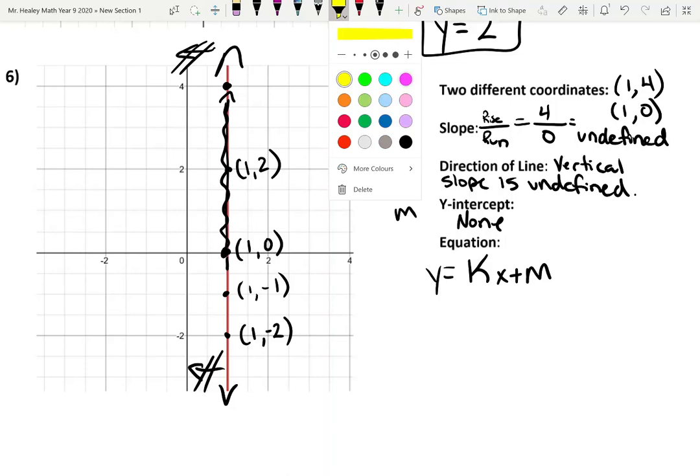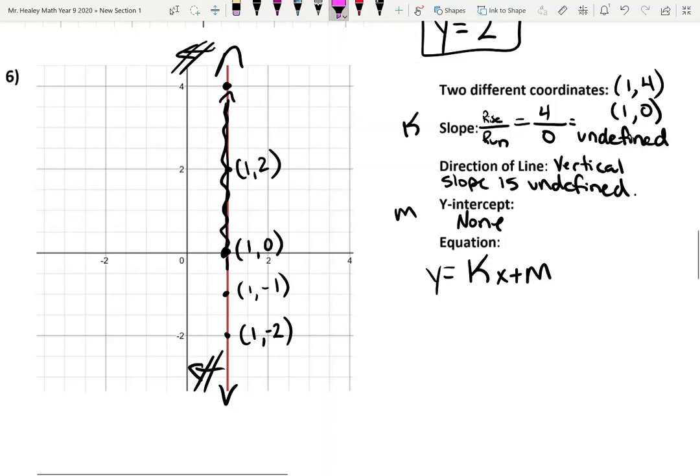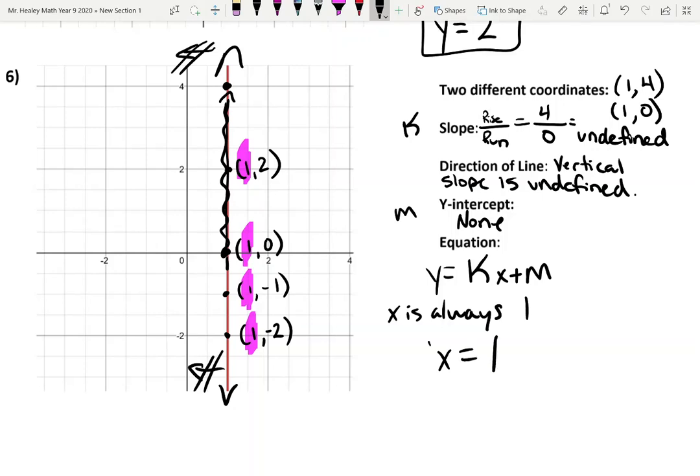But what do you notice between the values of x? The x value does not alter, it does not change. X is always equal to 1 for every value of y. So that is our equation: x is equal to 1. Doesn't matter what y is, x is always equal to 1.